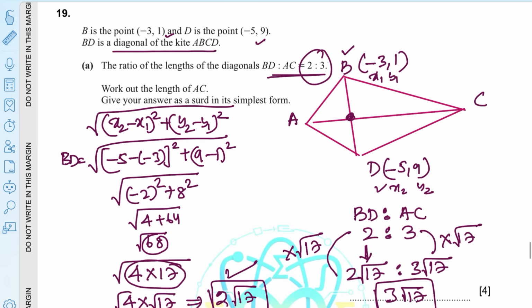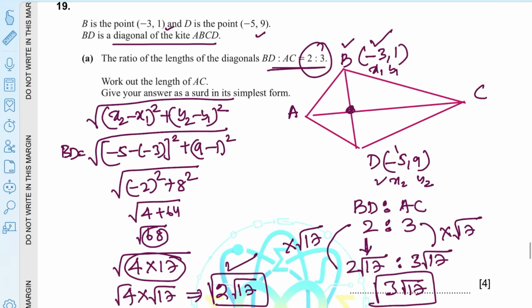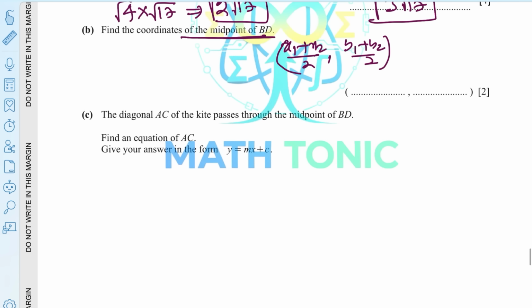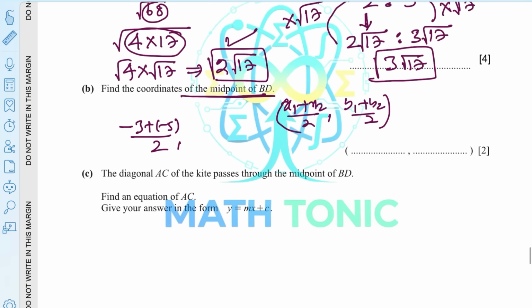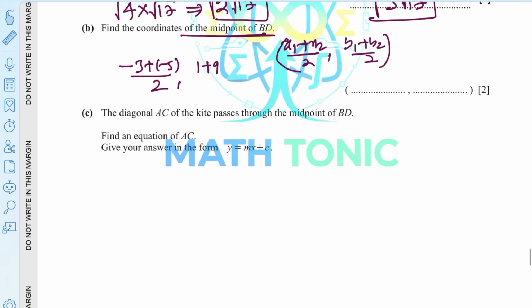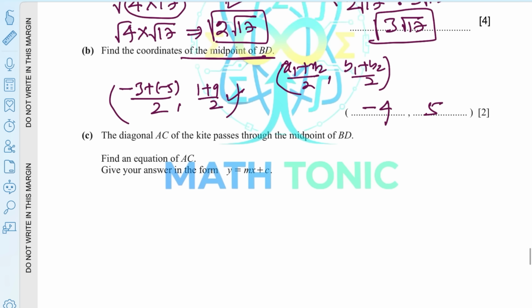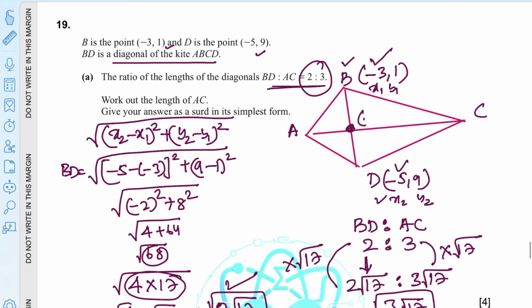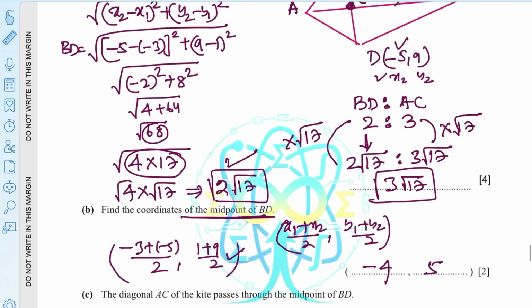So here, minus 3 plus minus 5 over 2, comma, y1 is 1 and y2 is 9, so 1 plus 9 over 2. Are you getting it? Minus 3 minus 5 becomes minus 8, over 2 is minus 4, and 10 over 2 becomes 5. So the midpoint I'm getting is minus 4 comma 5. Is it okay? Yes. Next part.